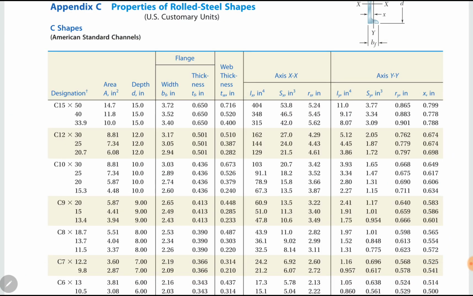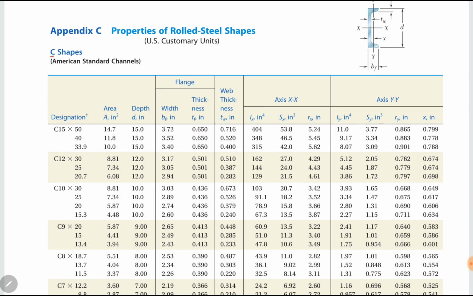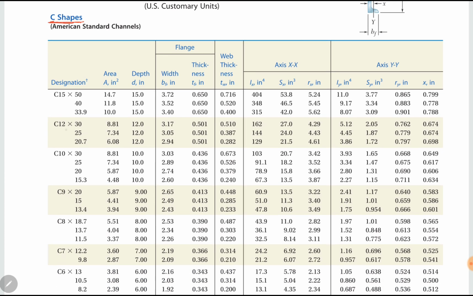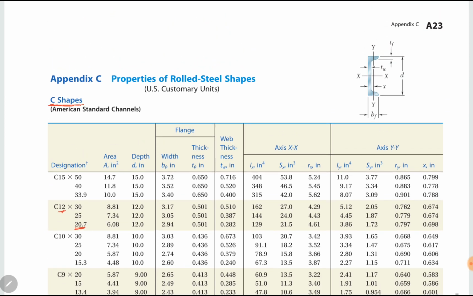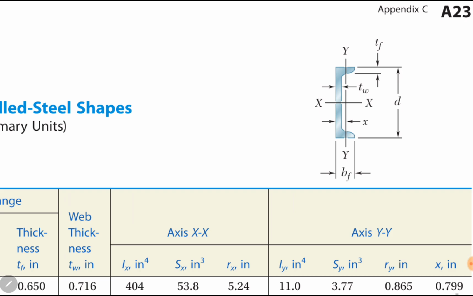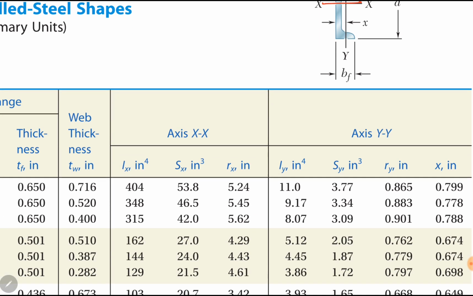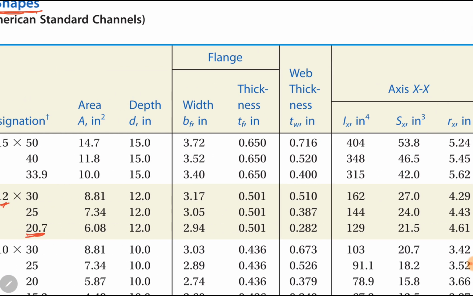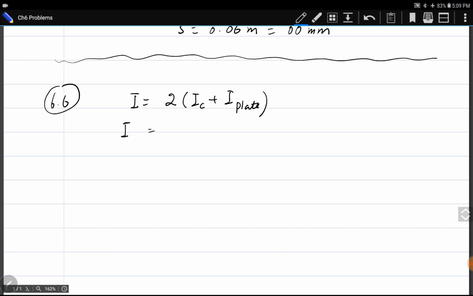In Appendix C, on the page for C sections, C12 into 20.7, here we can find IX. It is placed in this orientation where X is the horizontal axis. So IX is 129 inch power 4. So 2 into IX plus I of the plate.